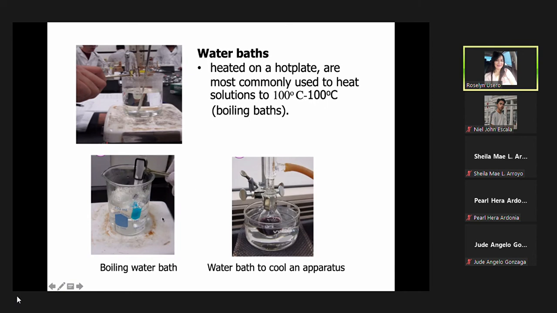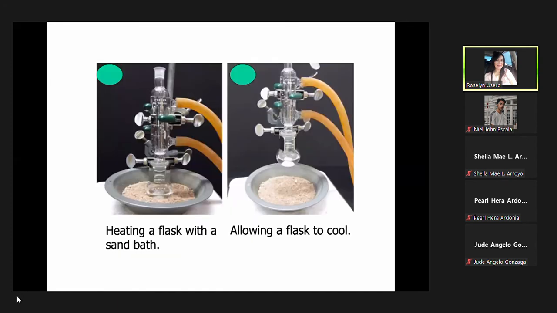Next, example of boiling bath. After that, there is also a water bath to cool an apparatus after boiling. Now, this is heating a flask with a sand bath.